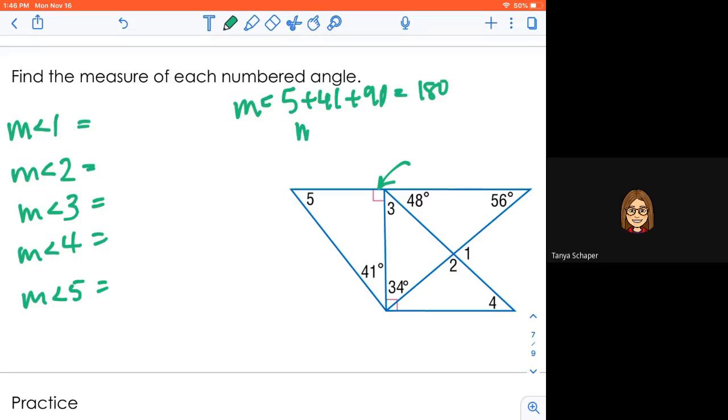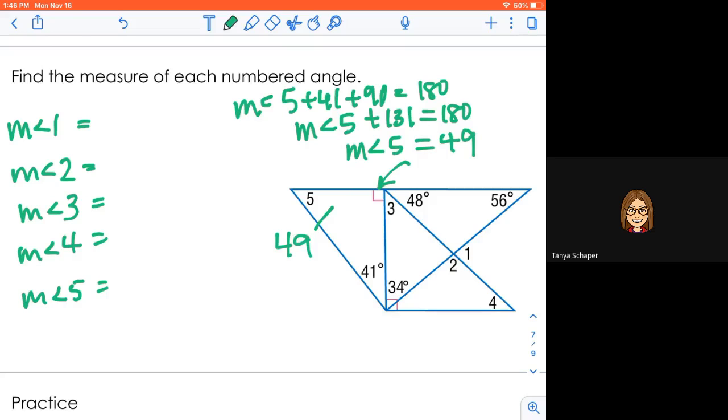So the measurement of angle 5 plus 131 equals 180. And the measurement of angle 5 is equal to 49. So this is 49 degrees. I also could have used the corollary and said that 5 plus 41 equals 90. That would have been another way to do it. So the measurement of angle 5 is 49 degrees.